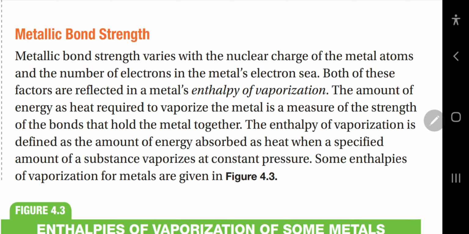We can measure the strength of the metallic bond based on the enthalpy of vaporization, which is the amount of energy as heat required to vaporize the metal, as a measure of strength. So, as the metallic bond increases, we will need more energy to vaporize 1 mole of this metal.